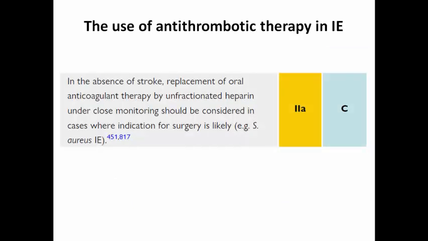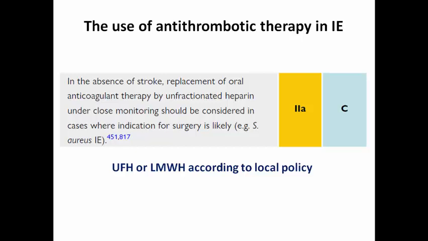And if the patient is already on oral anticoagulation for a prosthetic valve or atrial fibrillation and in absence of stroke, stop the oral and replace them by unfractionated or low molecular weight heparin according to the local policy with close monitoring, especially when there is a likely indication for surgery, for example, Staph aureus, which has a virulent course.